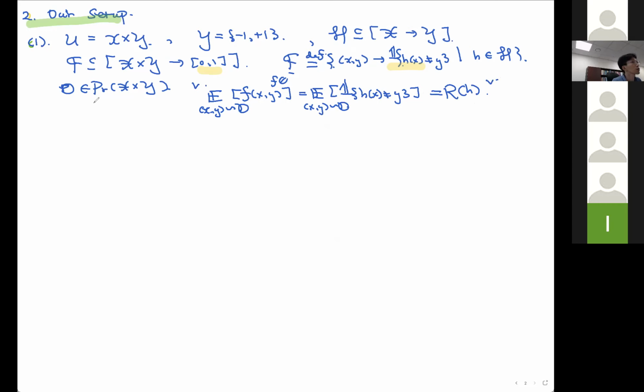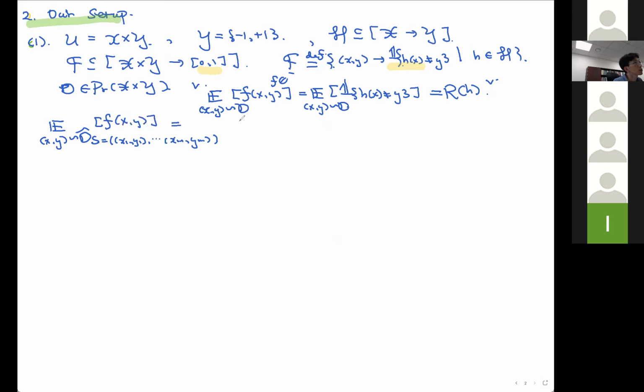The same way, the empirical risk, xy from the empirical distribution over S. So S is now just a sequence of XY pairs. Then in our theorem, we talked about this.